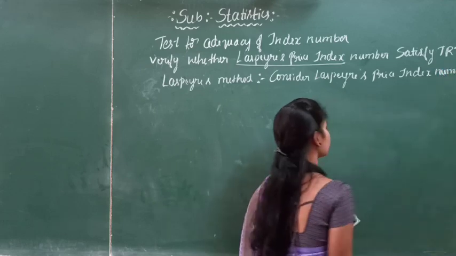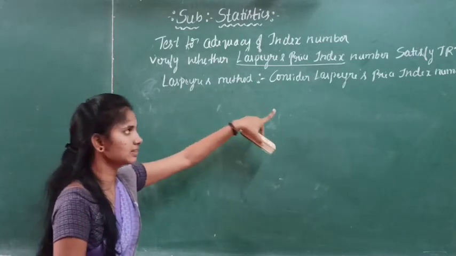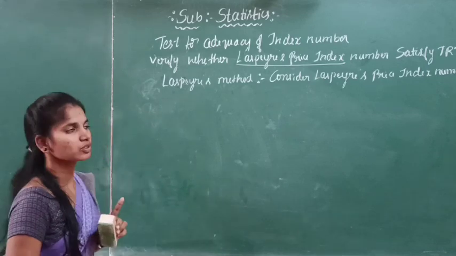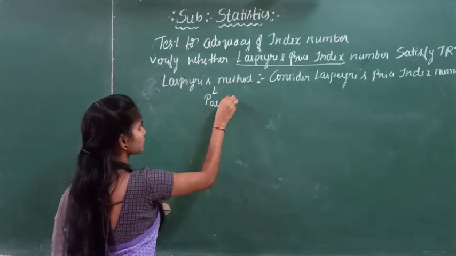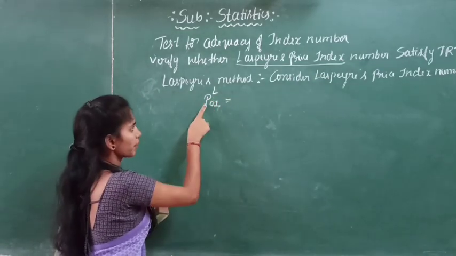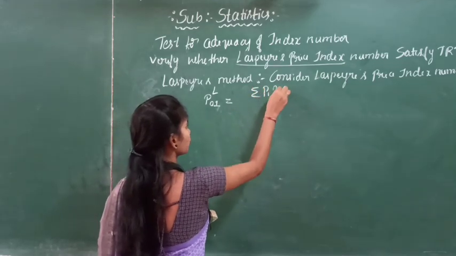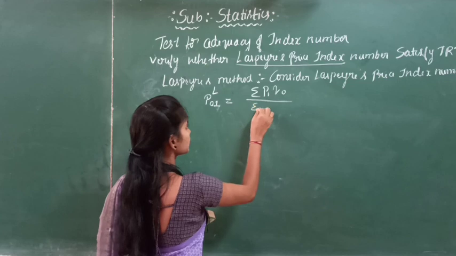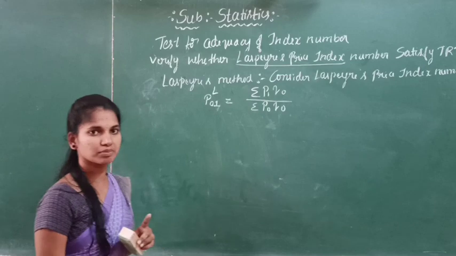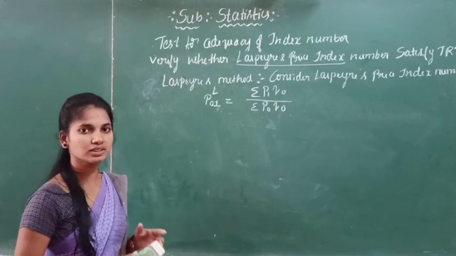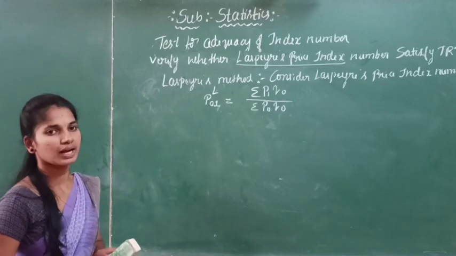The formula for calculating the Laspeyres price index number is summation P1 Q0 divided by summation P0 Q0. We do not write into 100 here, because it is not expressed in terms of percentage in the concept of TRT.